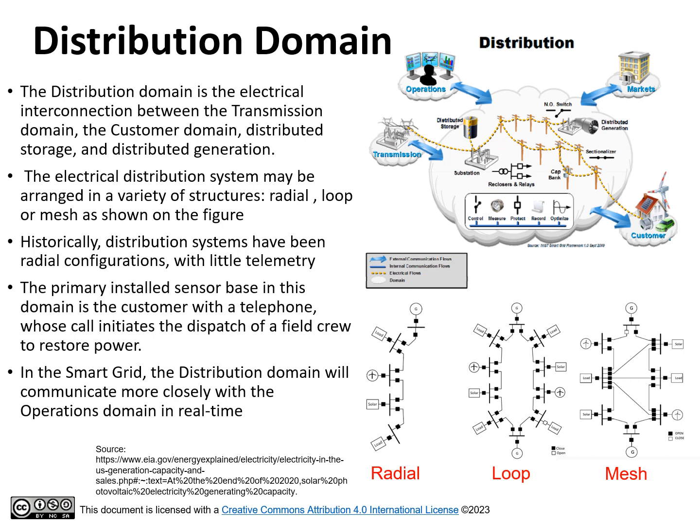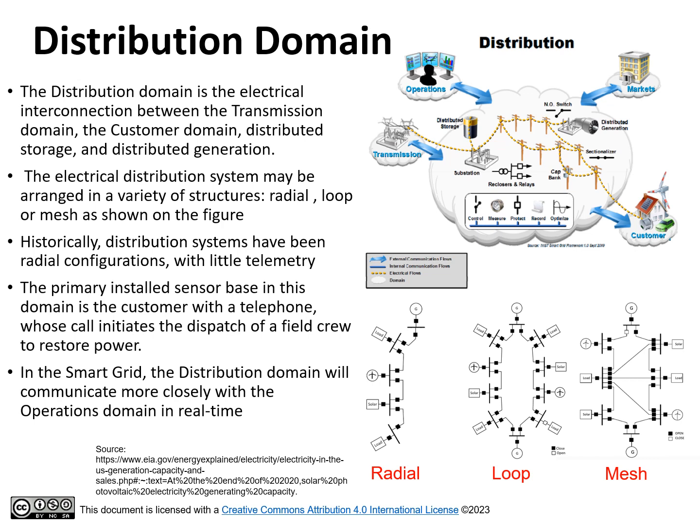Historically, distribution domain systems have been radial configurations with little telemetry, and almost all communications within the domain were performed by humans. The primary installed sensor base in this domain is the customer with a telephone, whose call initiates the dispatch of a field crew to restore power.